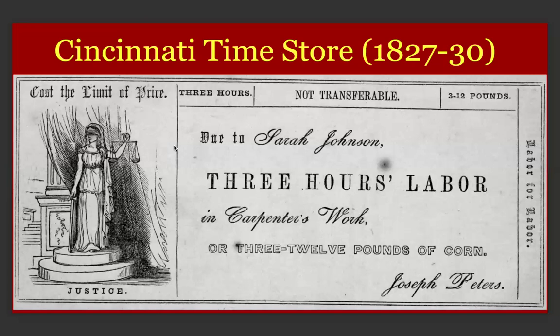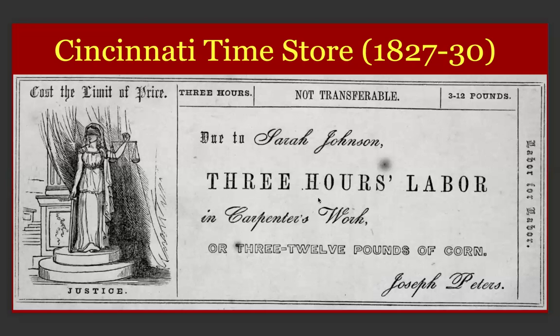So Joseph gives Sarah this check, and whenever Sarah needs 3 hours worth of labor in carpentry work, because that's what Joseph does, she can request that from him, for him to build her a chair or whatever it is. And then you see here, or 3 1/2 pounds of corn. Why is this?